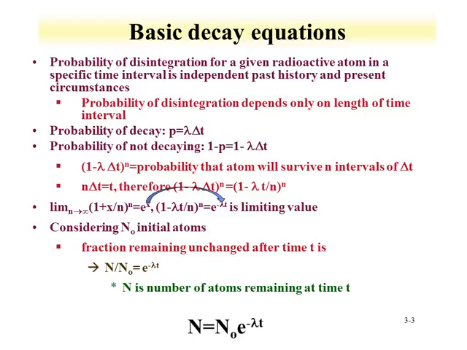That's my limiting value. Considering N naught, the initial number of radioactive atoms, the fraction that remains unchanged after time t is provided here. N is the number of atoms remaining after time t, and this equation is a fundamental equation that we will use throughout our radiochemistry course.